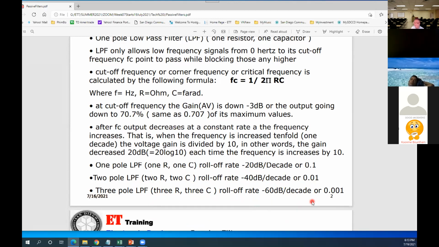Okay, so basically, a good filter will have to be more than three poles.